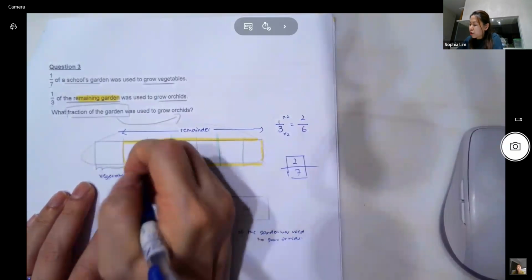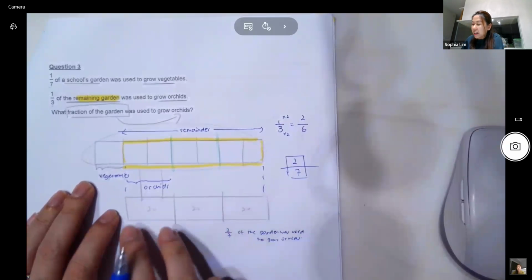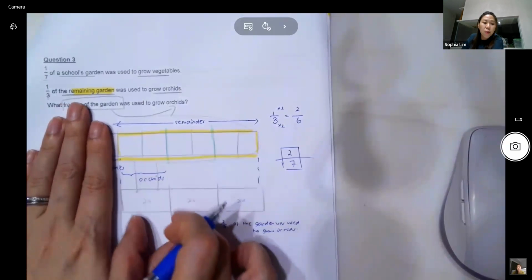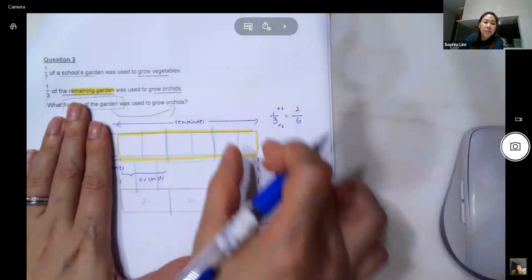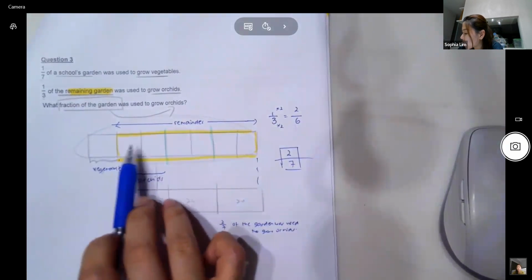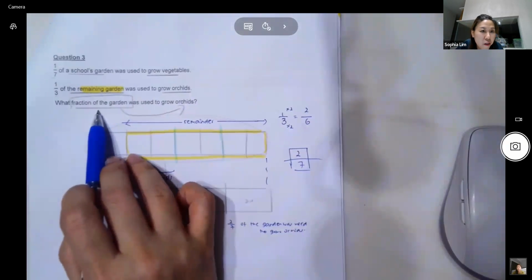Some say, teacher, I actually want to drop down my model to show the remainder again and cut into 1/3. Then I get to see, oh, really, 1/3 corresponds to 2 units. All right, so at least you know that 2 units were used to grow orchids. But they ask, what fraction of the garden?